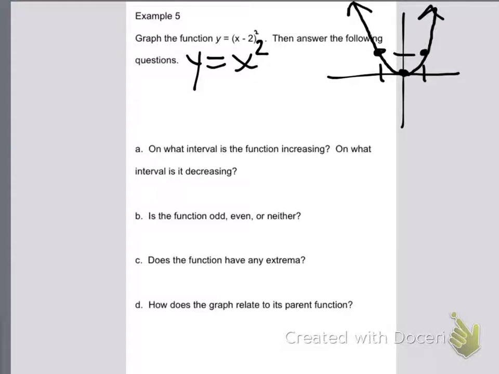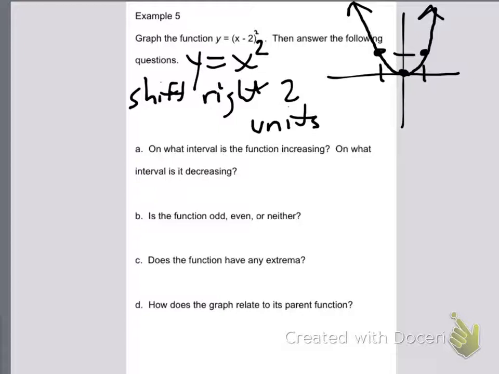Now, x minus 2 is in parentheses, so that means we are going to shift to the right 2 units. Now, what that means is that now the vertex over 2, this point right here over 2, this point right here over 2. So now my graph of y equals x minus 2 squared is right there.